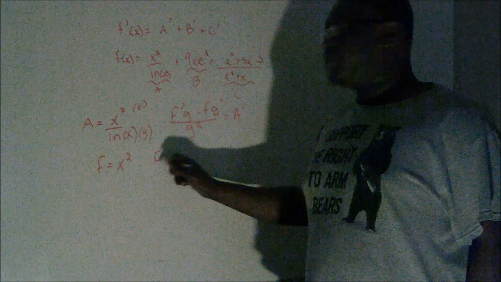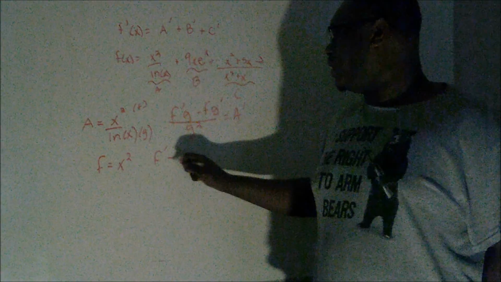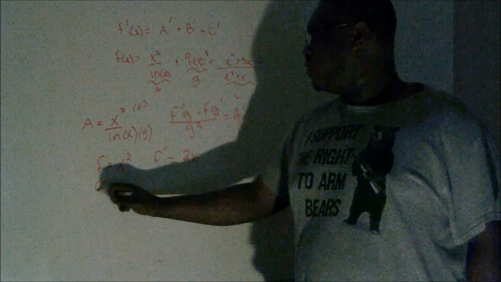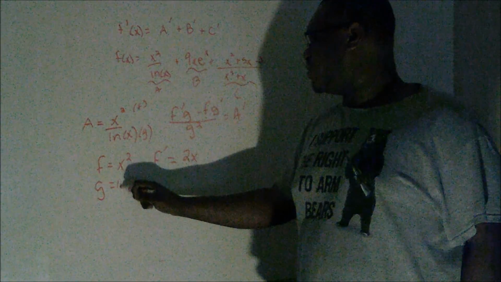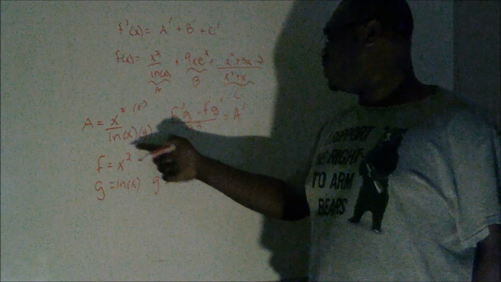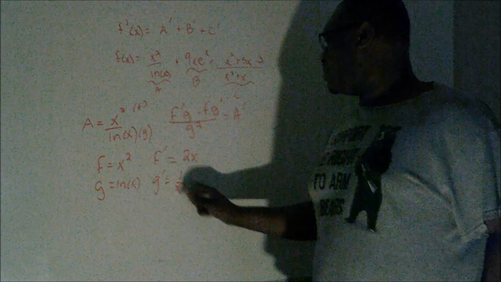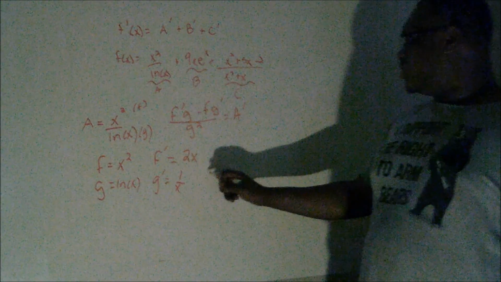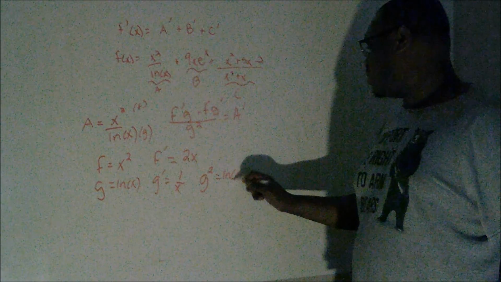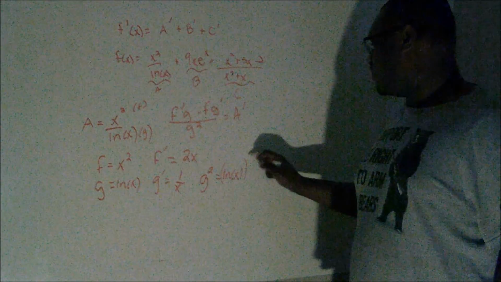We take the derivative, so f prime is going to be equal to 2x, simple power rule. We have g equals the natural log of x. And we have g prime, simple memorization rule, is equal to 1 over x. And then, obviously, g squared equals natural log of x all squared.